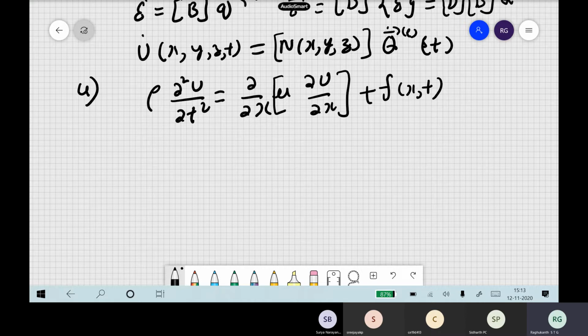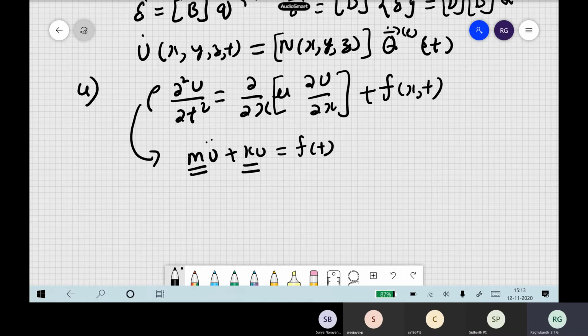But how did we arrive at M u double dot from this expression? What were the steps previously? We calculated these things last week, I think, in Eigel's book also. What is the expression for the mass matrix?